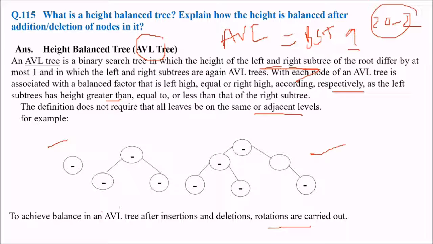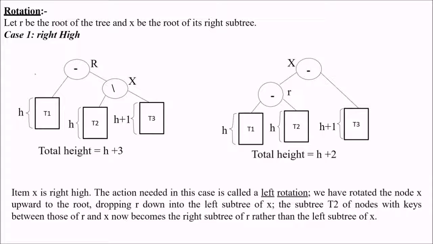So let us see what rotation means. Let R be the root of the tree and X be the root of its right subtree. If the tree is right high, the action needed is a left rotation.